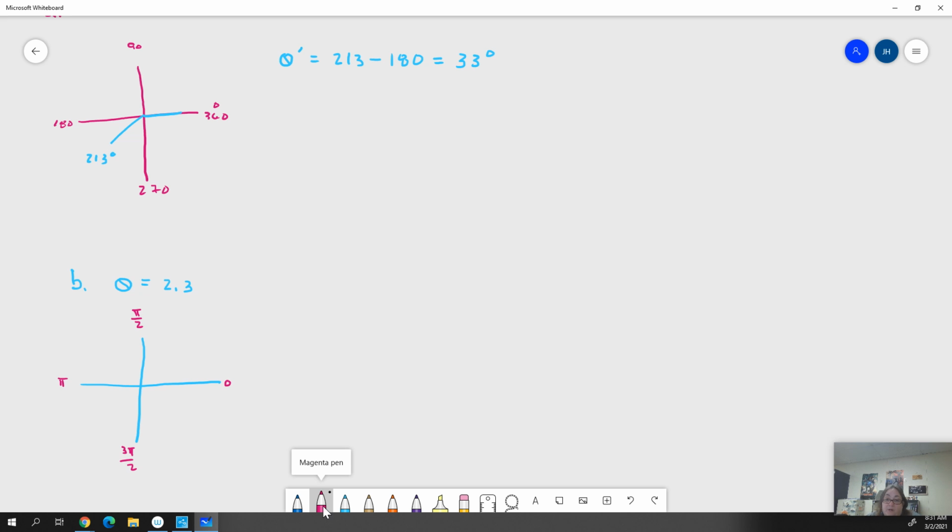Pi is 3.14, so half of pi is going to be like 1.5-ish. And it is less than 3.14, so I know that it is going to lie somewhere in this quadrant. Don't care exactly where, because the math will tell me, right? But I know that it's in the second quadrant, right? It's going to lie between pi over 2 and pi.